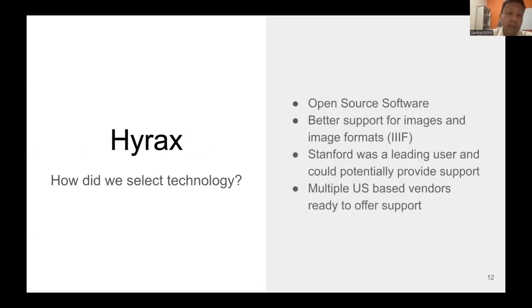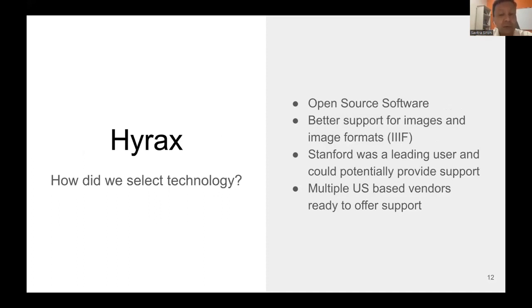Okay, all right. Then for the institutional repository, we looked at DSpace, right? ePrints, DSpace, and there are some commercial options also. But we went with this technology called Hyrax, and there is a productized version of it called Haiku. Okay, and this we did because, again, it is open source, and it had better support for images and image-related standards like IIIF.